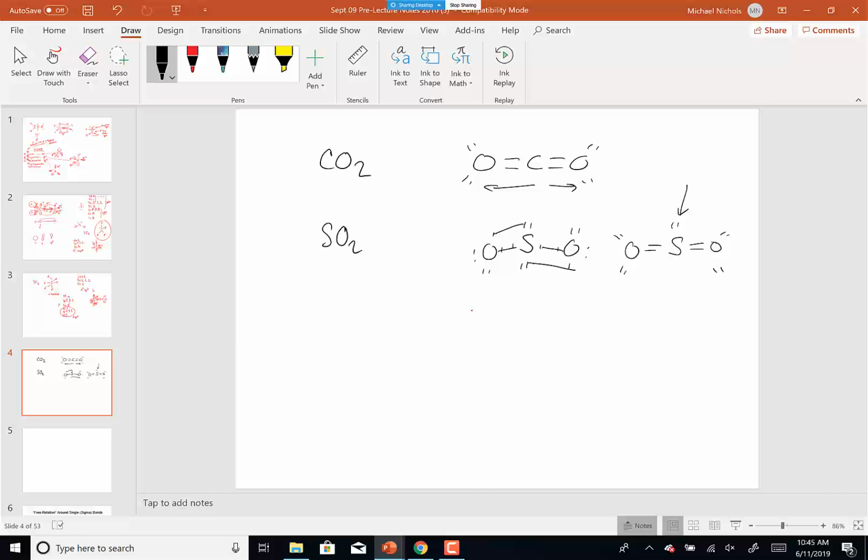Let's not worry about its hybridization. So with a lone pair and 2 bonding, there's 3, so that's going to put it into a trigonal planar geometry, including the lone pairs. Don't include the lone pairs and it's bent. But either way, it's not going to be linear.